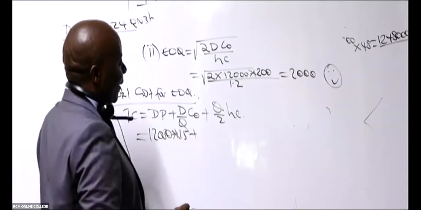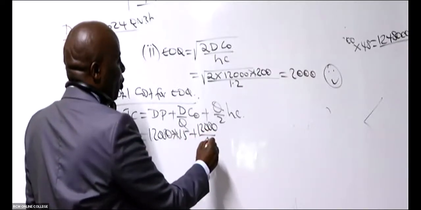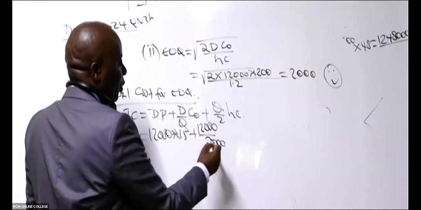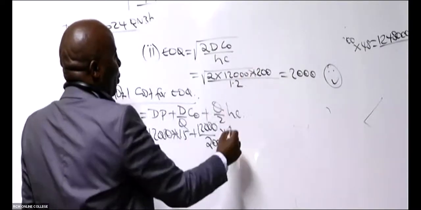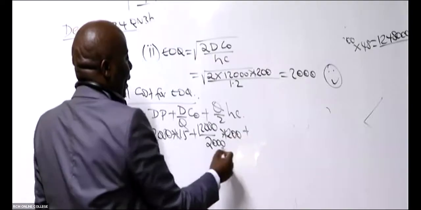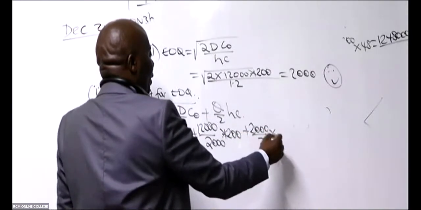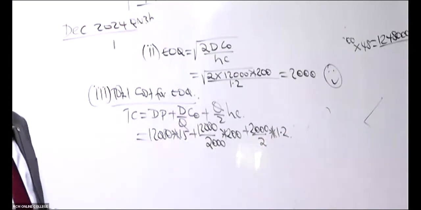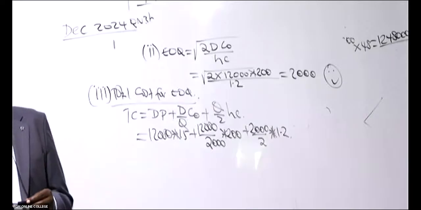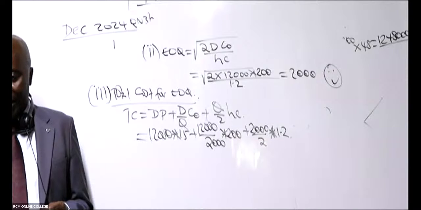Plus D over Q, so 12,000 divided by the Q, you got 2,000, isn't it? Times CO, which is 200, plus Q, the EOQ, times the holding cost, which you gave me as 1.2. So at the end of the day, we shall end up getting something.